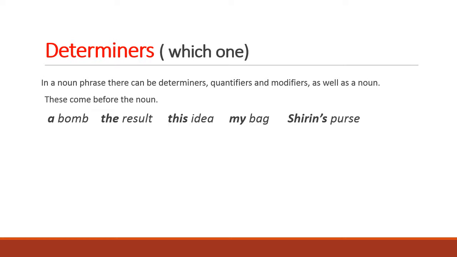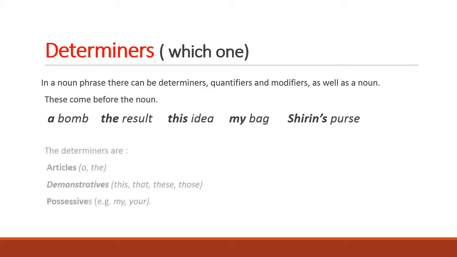Determiners generally talk about which one. A bomb means one bomb. Similarly, the result means that result, or this idea means this one. My bag means somebody's bag. Shireen's purse means it's only Shireen's purse, not somebody else's. So determiners talk about the noun in the sense of which it is.